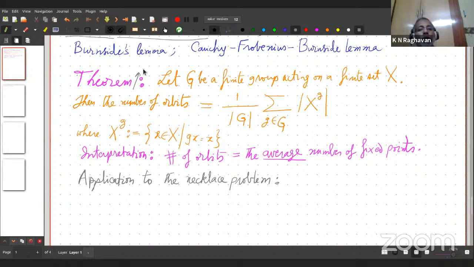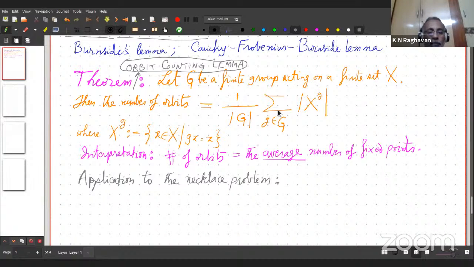This is what I mean by the orbit counting lemma. I'm sometimes calling it theorem, sometimes calling it lemma. It doesn't matter. This is what is meant by the orbit counting lemma. It's called so because the left-hand side of it is the number of orbits. It gives a formula for the number of orbits.